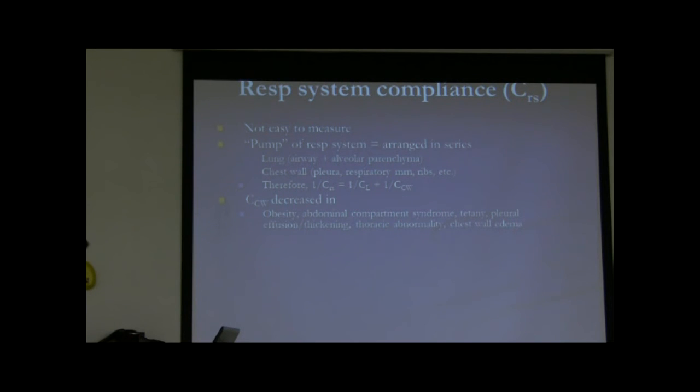Any other type of chest wall edema, just anasarca in general. All of these things can reduce the compliance of the chest wall. And that means that you're increasing the stiffness of the respiratory system by virtue of the chest wall only, which will impact how the breath is going to come in. It's probably going to have more trouble getting to a certain alveolar pressure.